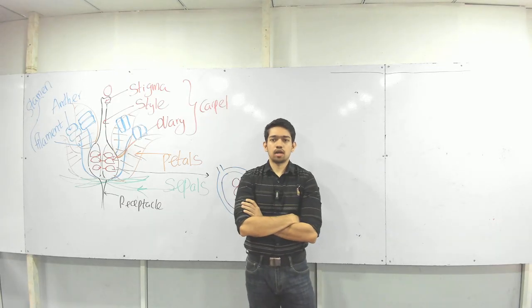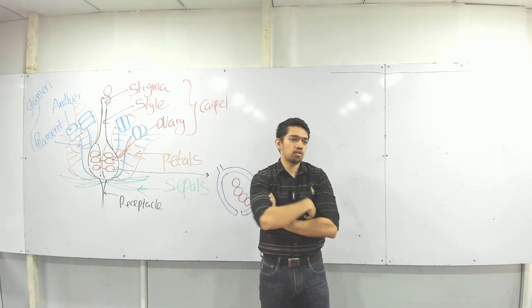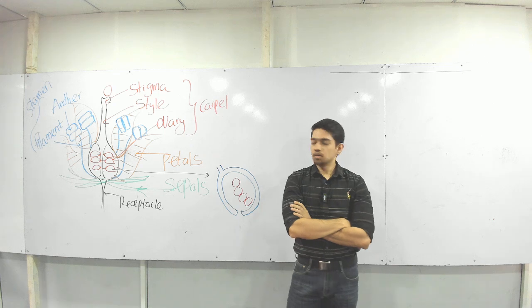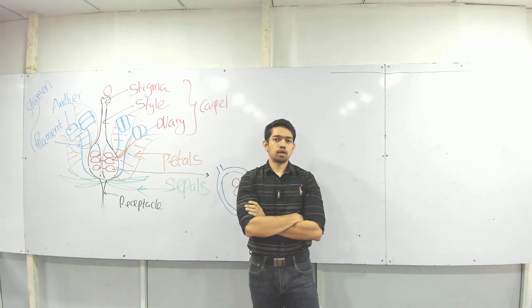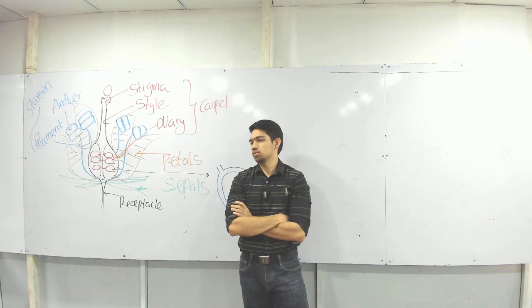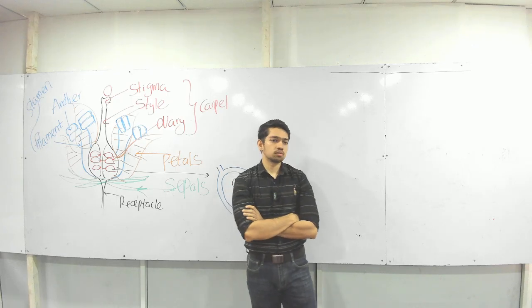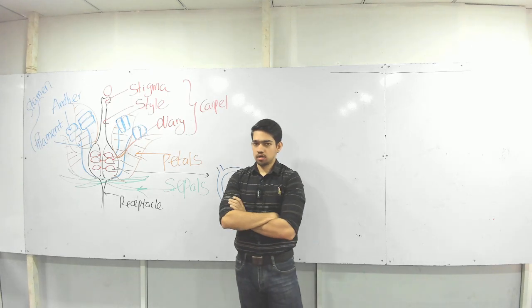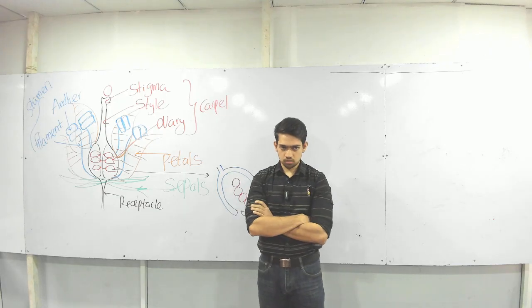It can act as an attraction or like a signal towards the flower, right? So all those are done to attract pollinators. But if it's wind pollinated, do you need any of those? No. Some other flowers also don't have brightly colored petals.